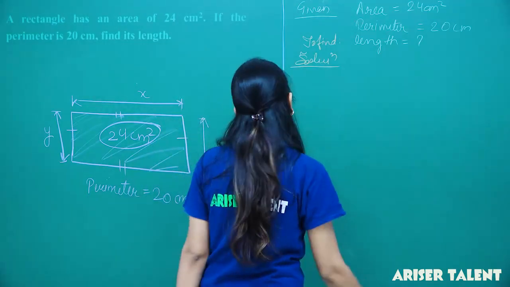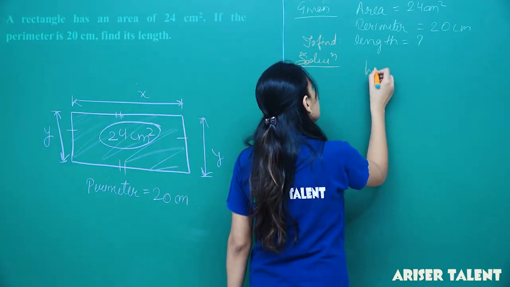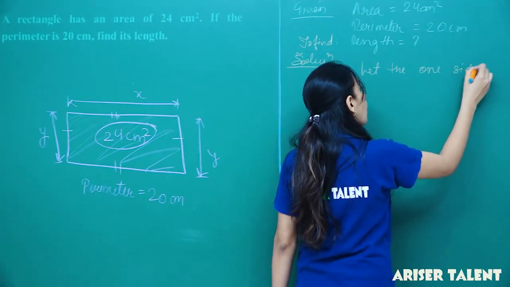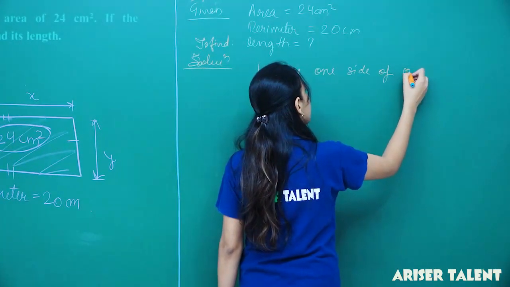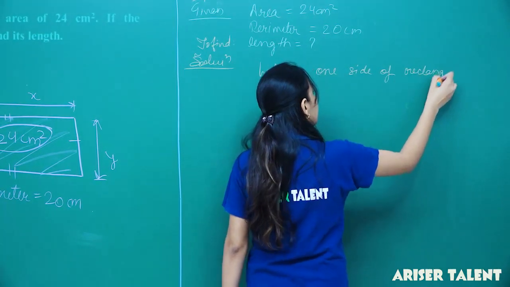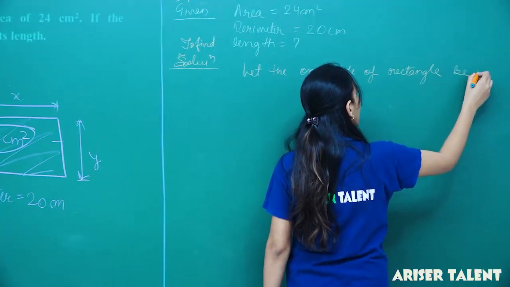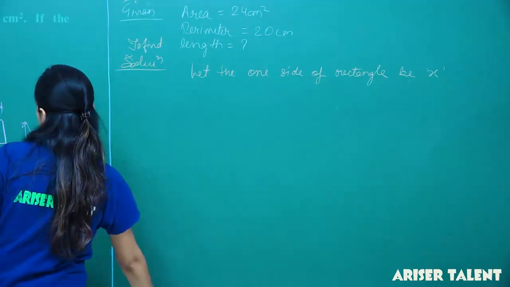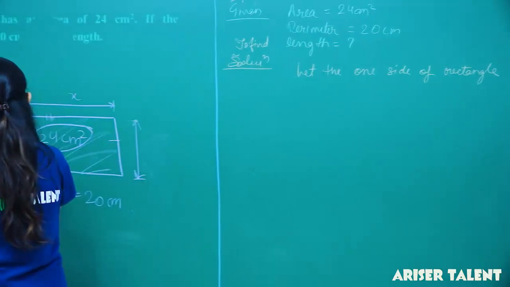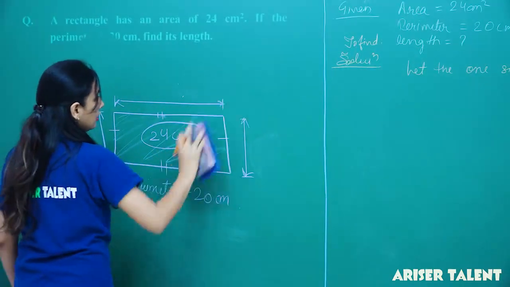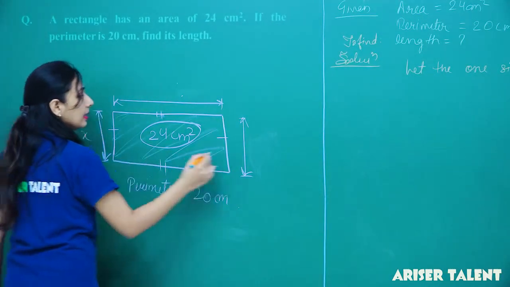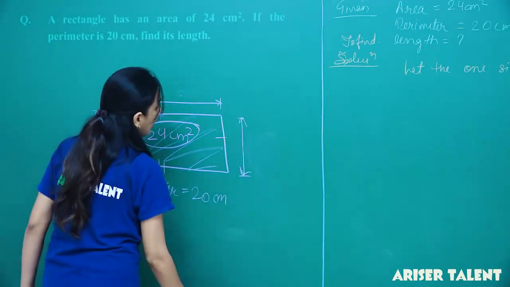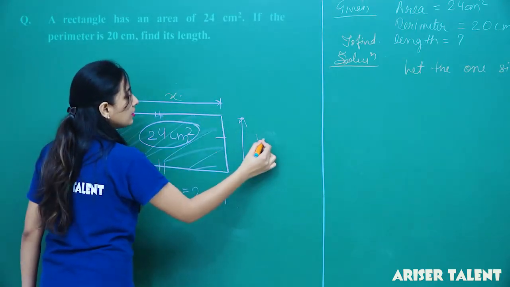Right, students. So, let one side of the rectangle be x, or let the length be x, because we have to find the length. So, I am taking this as x and this as y.